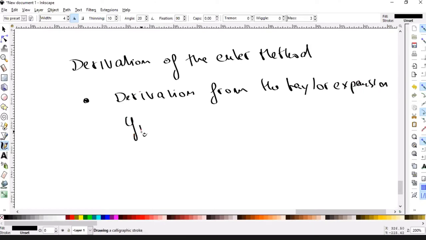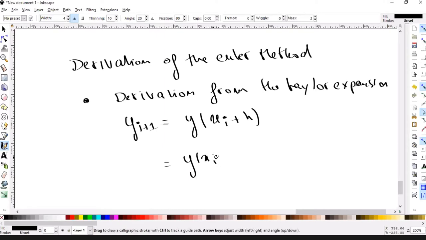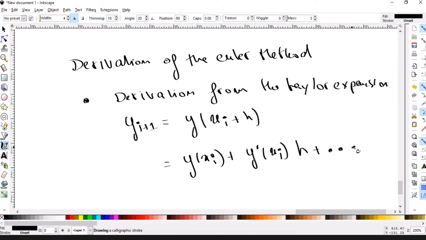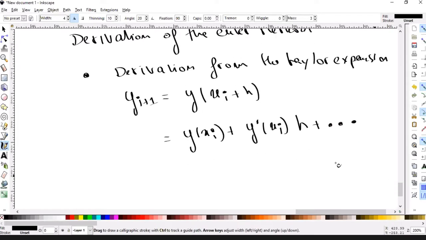You have that y i plus 1 is equal to y of x i plus h. This is the definition of y i plus 1. It's equal to y of x i plus y prime at the point x i multiplied by h, plus higher order terms, one half y second h squared, that we neglect here.